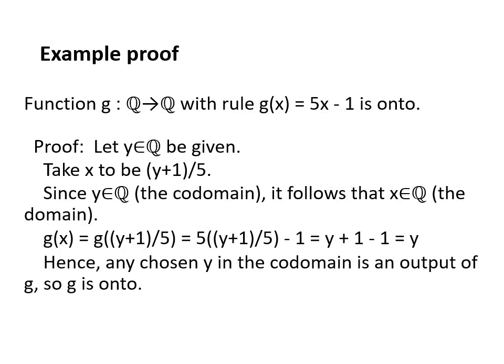So let's do an example onto proof. We have a function g that maps rationals to rationals, and the rule is that g of x is equal to 5x minus 1. We want to show that it's onto. So let's follow the structure that we defined in the previous slide. We assume that some y that is a rational is given to us.